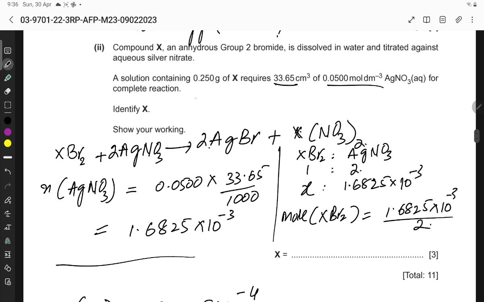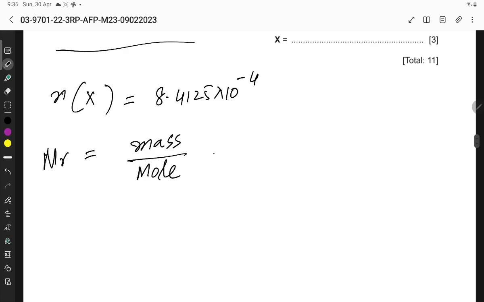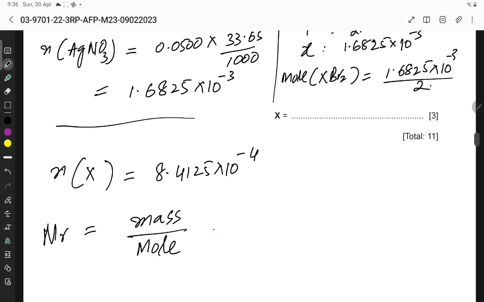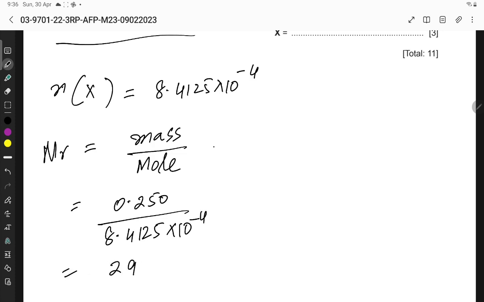We have the mass of X, so calculate the Mr: Mr is mass over mole, 0.250 divided by 8.4125 times 10 raised to minus 4, which is equal to 297.18.